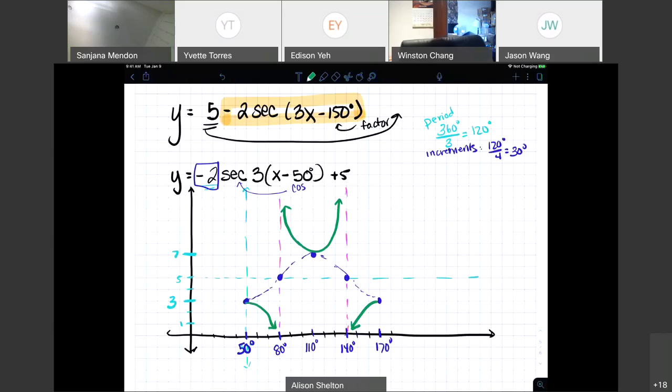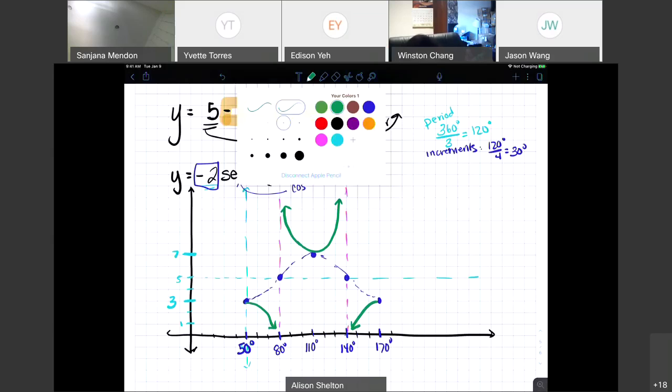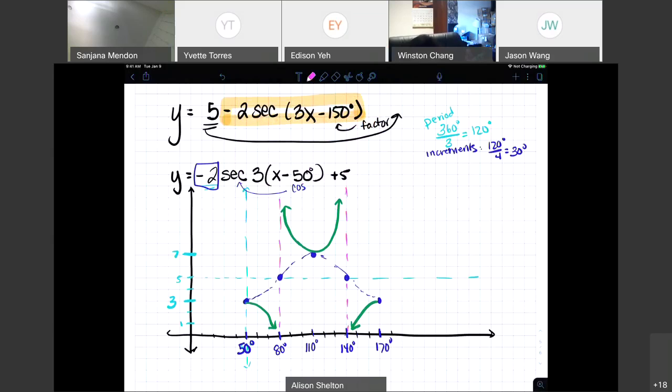Some of the teachers are going to want to see unbroken parabolas. These aren't really parabolas, but for the argument's sake, we'll call them parabolas. They want to see these unbroken figures, and these are kind of broken. So some of your teachers will want you to extend 1, 2, 3. Because you'll notice the asymptotes are going to be half a period wide.